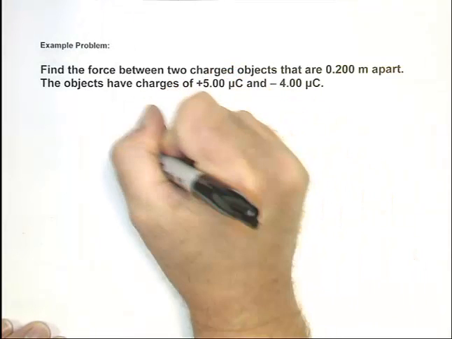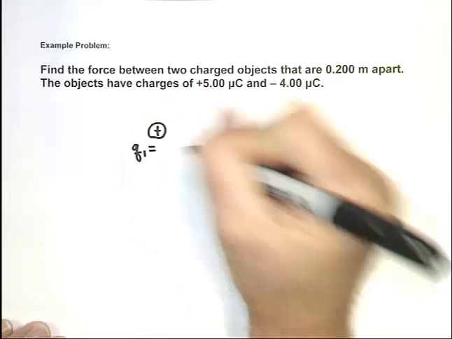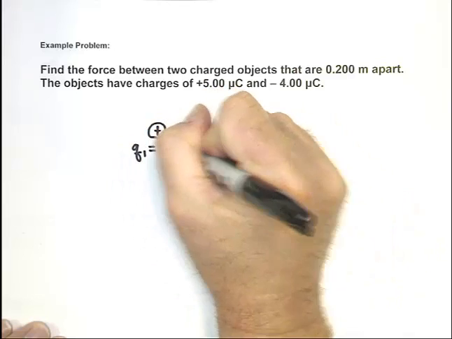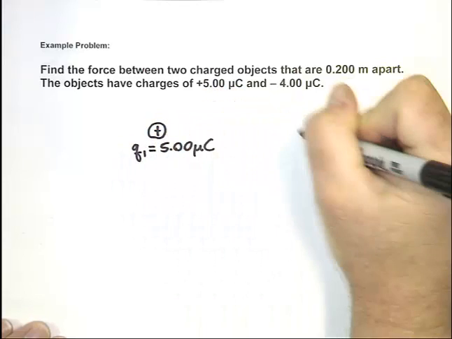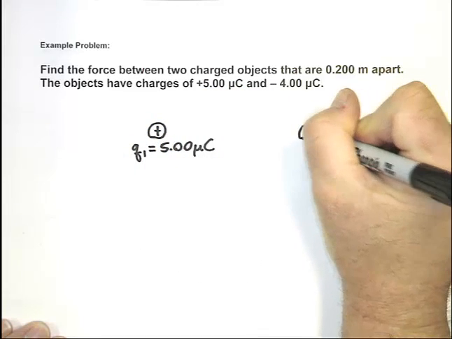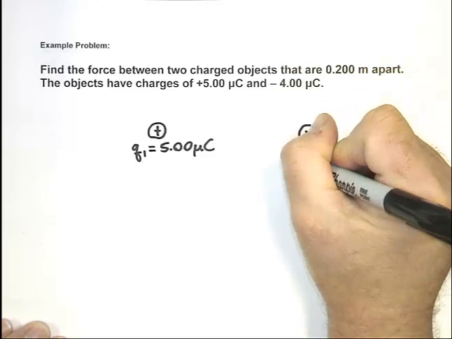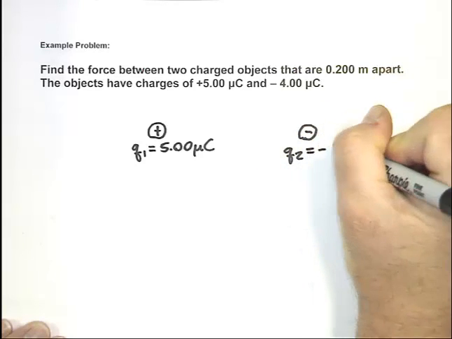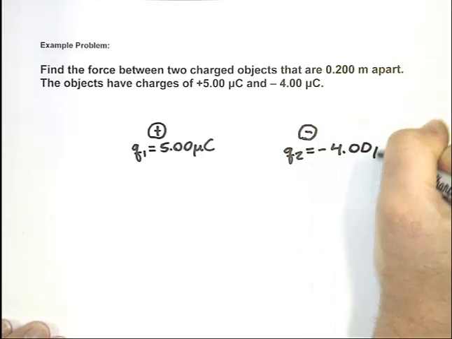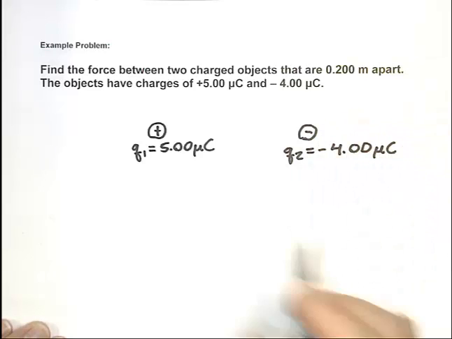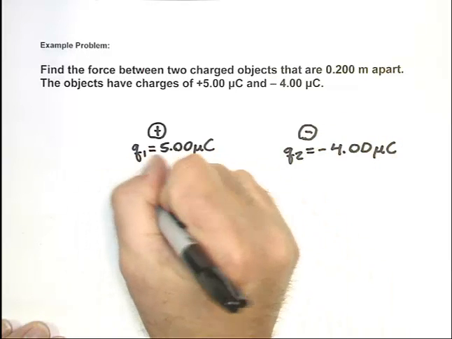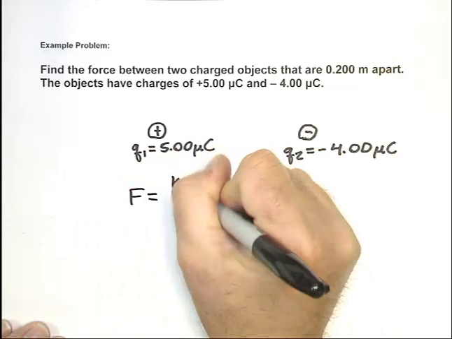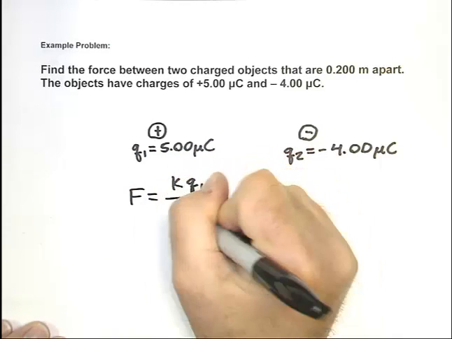Got a positive charge, Q1, 5 microcoulombs. You've got another negative charge, call him Q2, -4 microcoulombs. Okay. Our equation is F equals K Q1 Q2 over R squared.